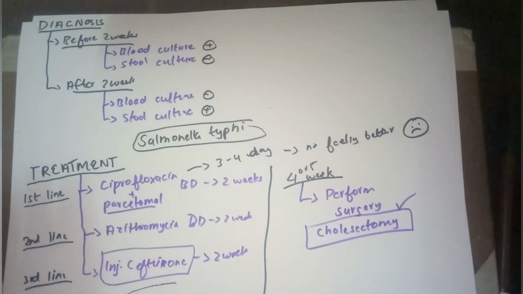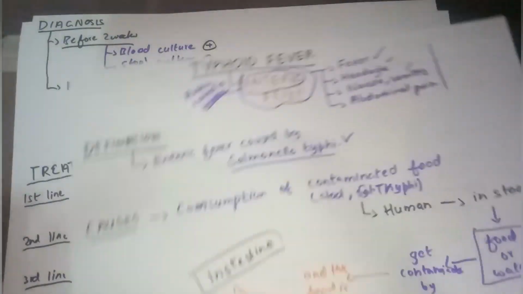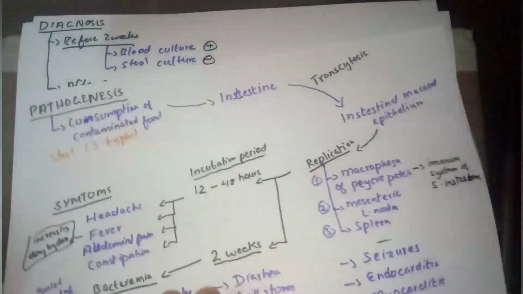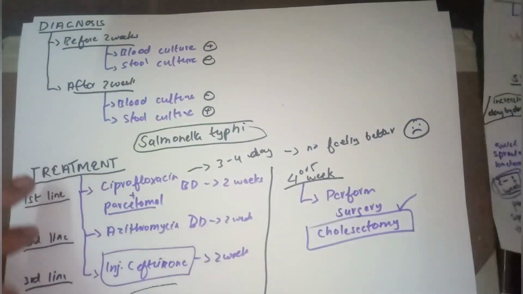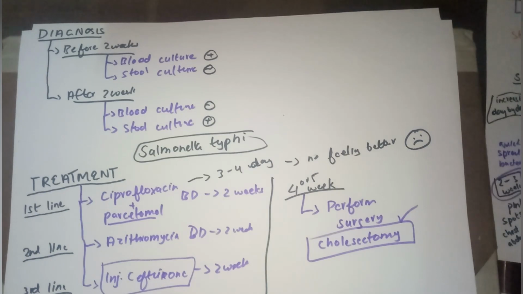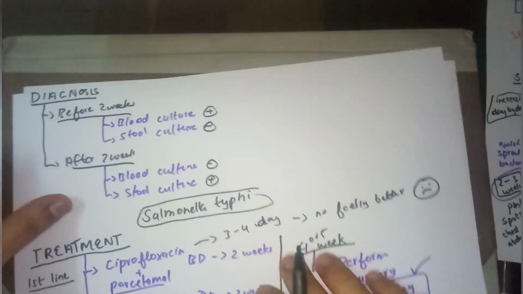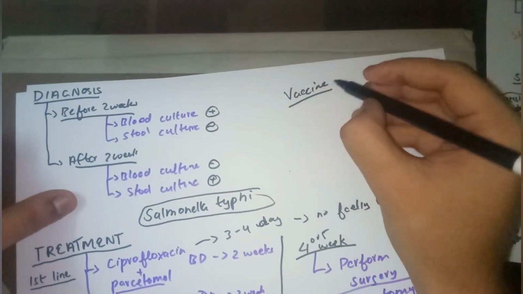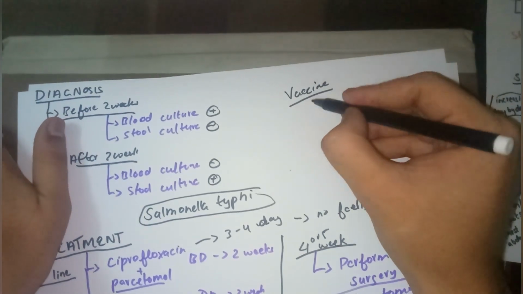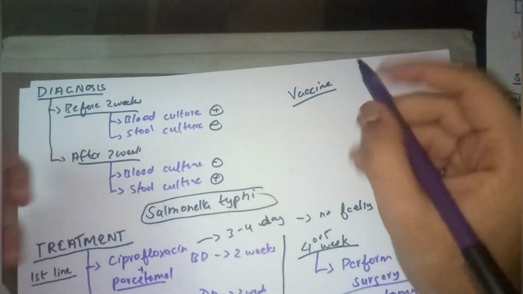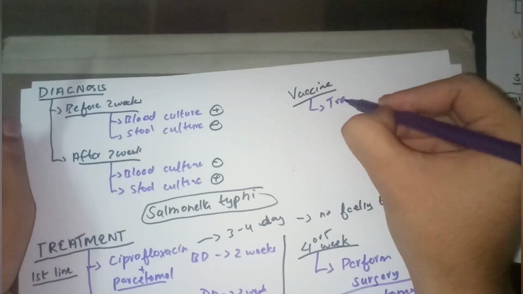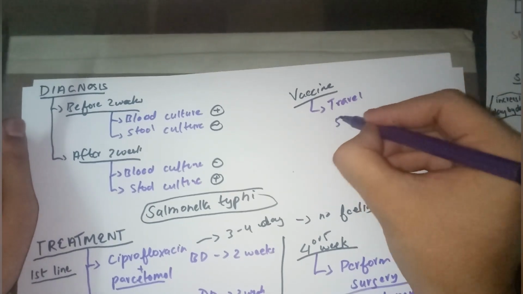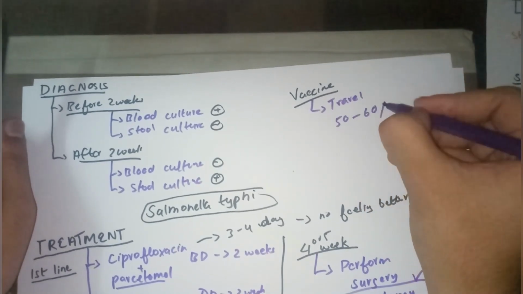I hope I have explained everything in this typhoid fever, pathogenesis as well, symptoms, diagnosis, treatment, and there is nothing more that you want to know, because everything is clear. And about its vaccine as well, I will tell you one more thing, that its vaccine is not recommended for everyone. It is only recommended for travelers, because its vaccine only provides 50 to 60% protection.